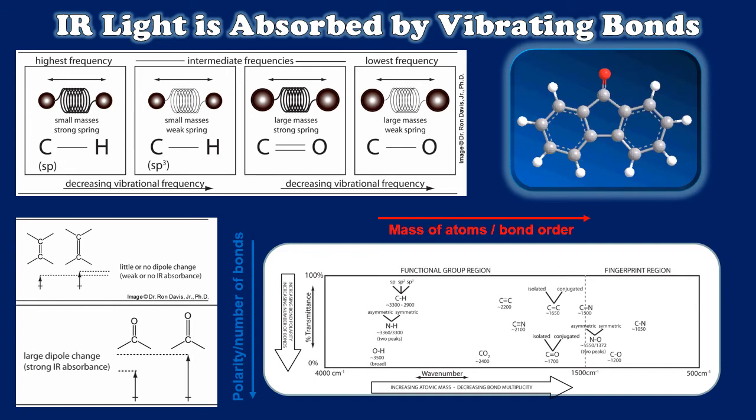Knowing that a stronger bond should have a higher vibrational frequency, we see that a carbon-nitrogen triple bond has a higher frequency absorption than a carbon-nitrogen double bond, which is higher in turn than a carbon-nitrogen single bond. And similar trends exist for other pairs of atoms, such as carbon-oxygen and carbon-carbon.